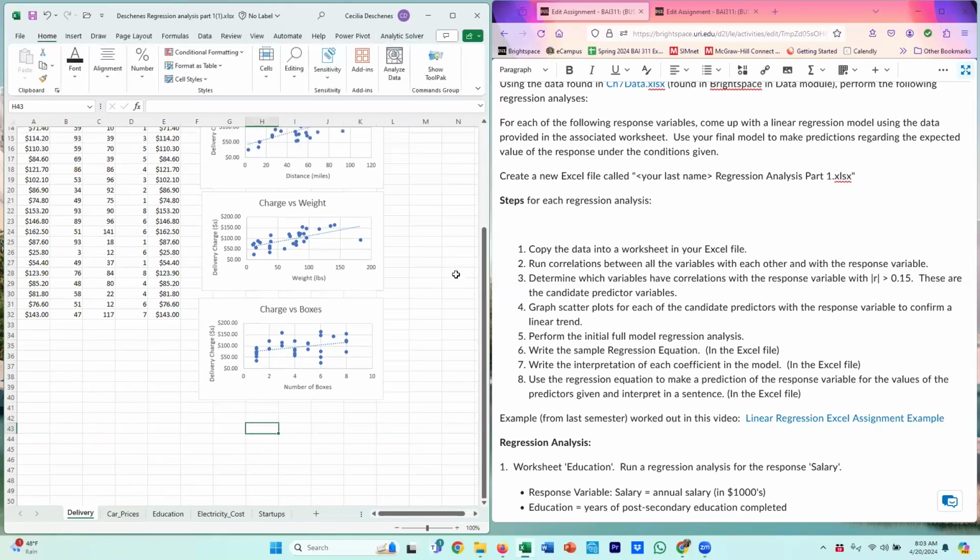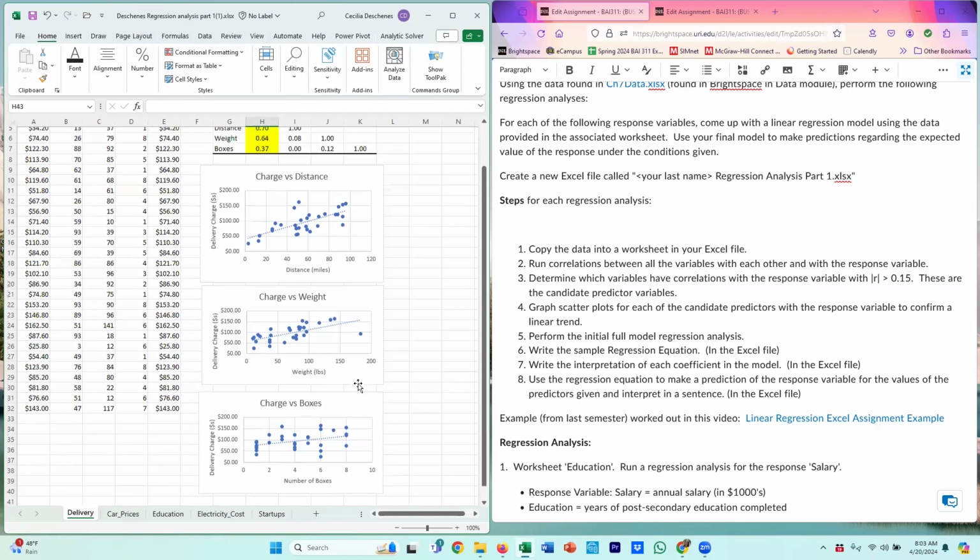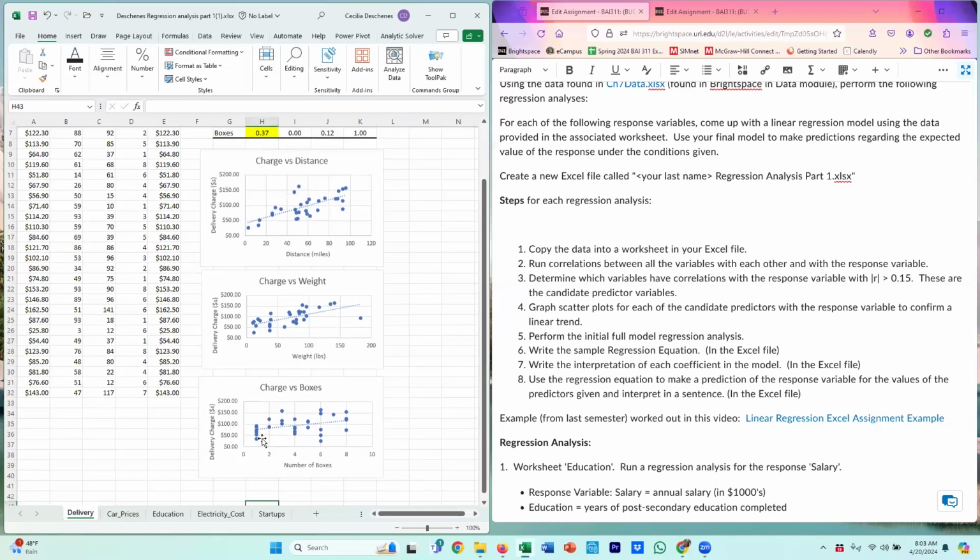Okay, so I have now confirmed that all these correlations do look like a linear trend. If anything, the trend in the delivery charge versus boxes you could almost argue is a little bit up, down, up, down. Maybe not, but we're going to go with it.